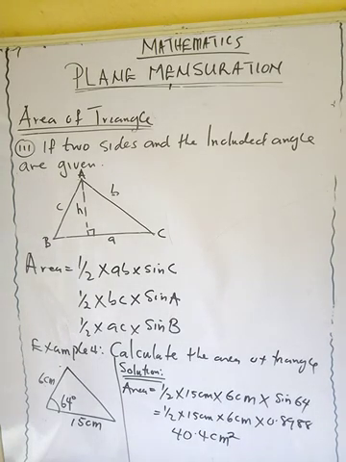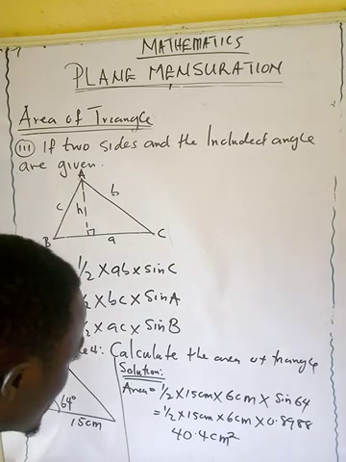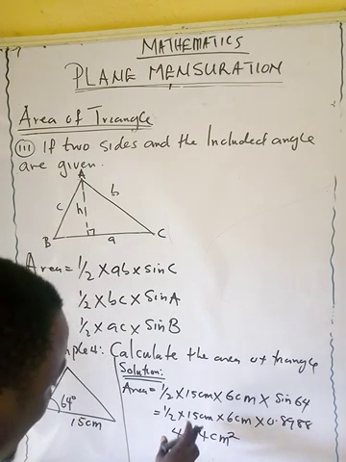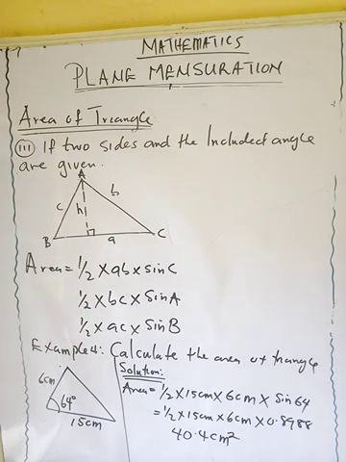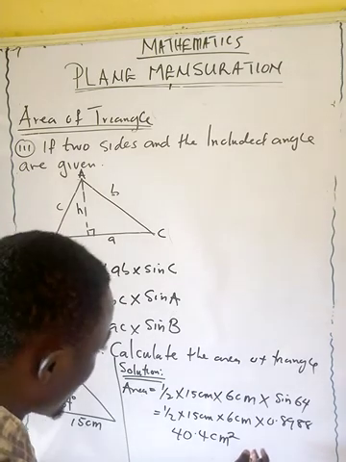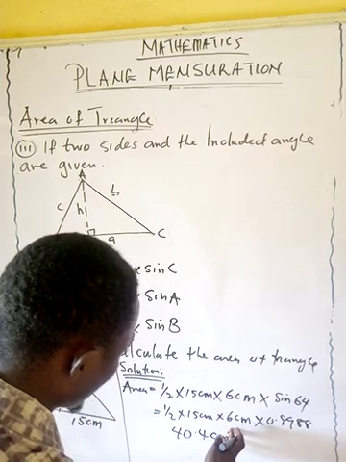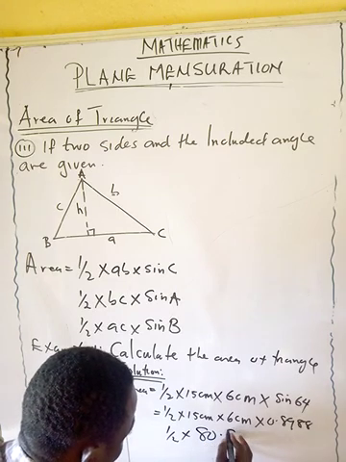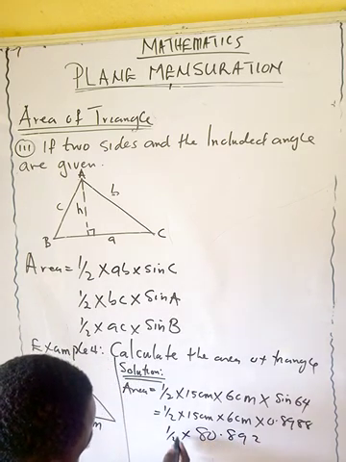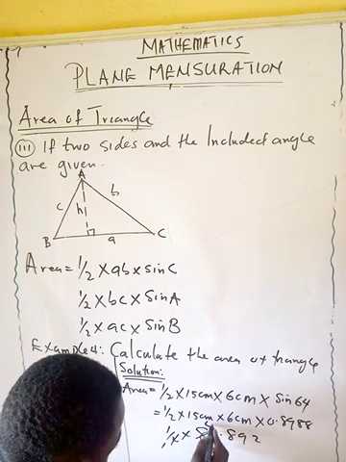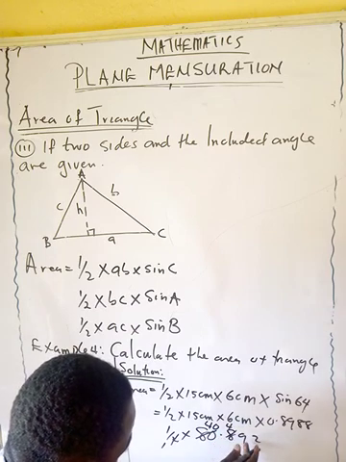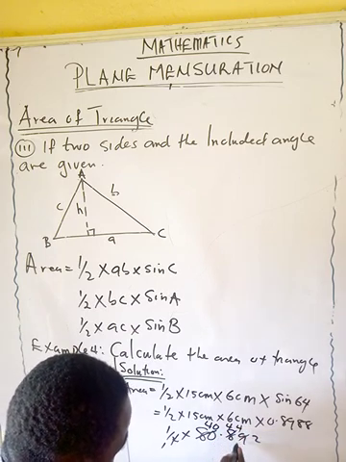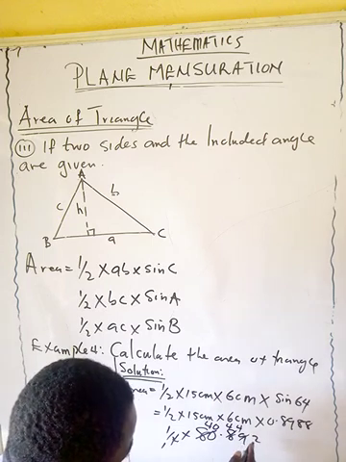Or better still, for better understanding, let me do it this way. 15 times 0.8988 will give us 13.482. Then 13.482 times 6 will give us 80.892. Then half times 80.892, so let's divide it by 2. 2 in 8 is 4, 2 in 0 is 0, 2 in 9 is 4, remainder 1, 2 in 12 is 6.